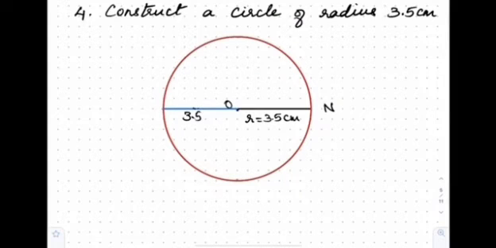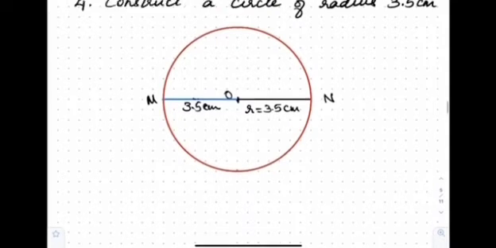This also would be 3.5. You can name it as M. So OM and ON would be the same if we consider O as the center of the circle. I hope all of you have got it, children. Practice as much as possible so that you get a hold on the construction of a circle.